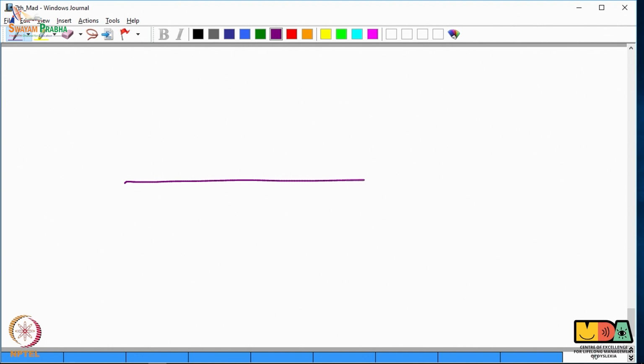We draw a straight number line like this, and then we put 0 in the center. And then we start marking like this. And we put all the negative numbers here.